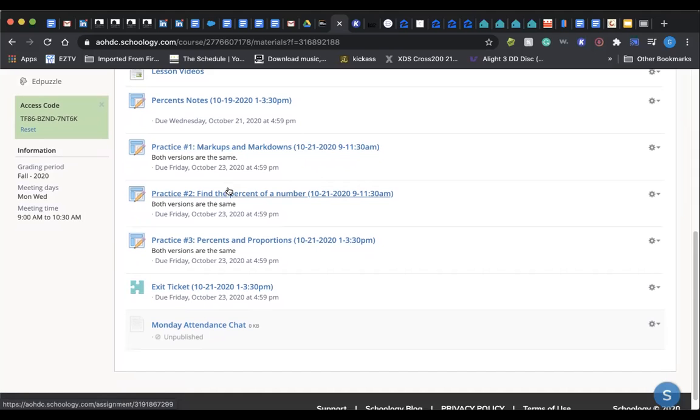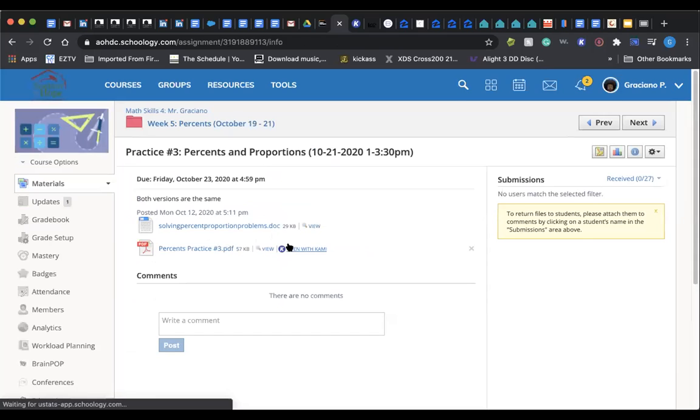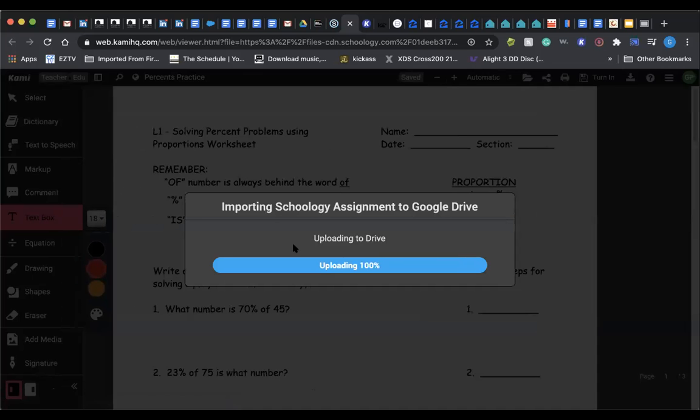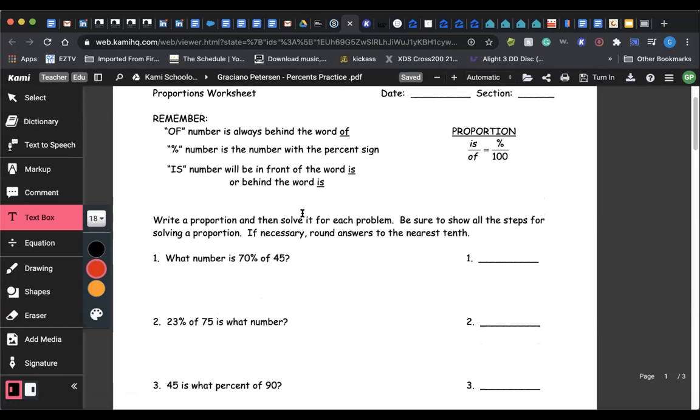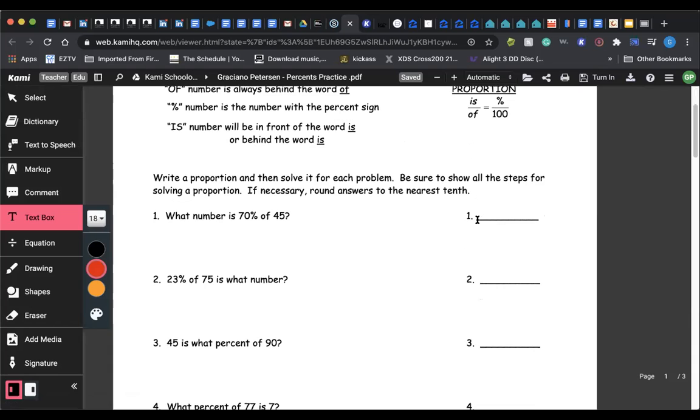For those of you who are on here but need to get credit for this afternoon, make sure to do practice number 3, which is on proportions, right? I'm going to pull it up. It is very similar to what we were just doing. You need to solve these questions by setting up your proportions.